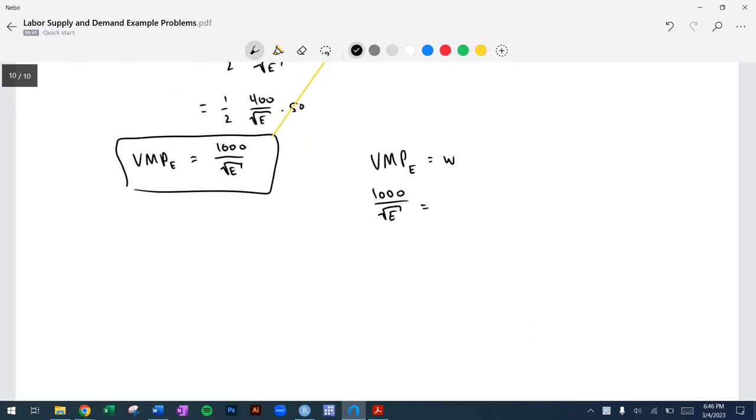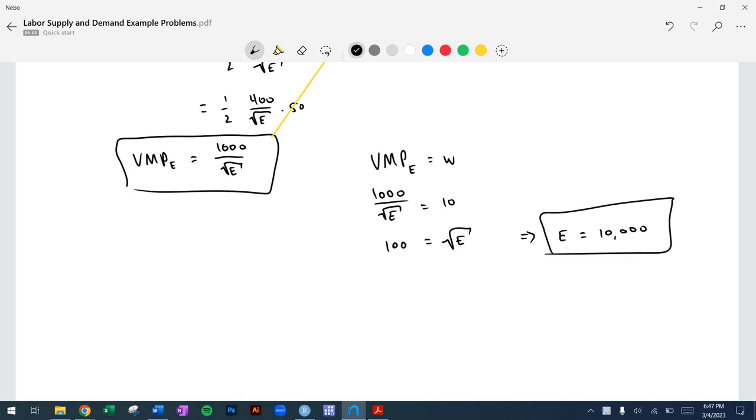So that's equal to 10. And then we can solve for E. Let's take the square root of E over to the other side and divide by 10. So we have 100 equals the square root of E. Square both sides, and we'll get E equal to 10,000 workers. So that's our optimal amount of employment.